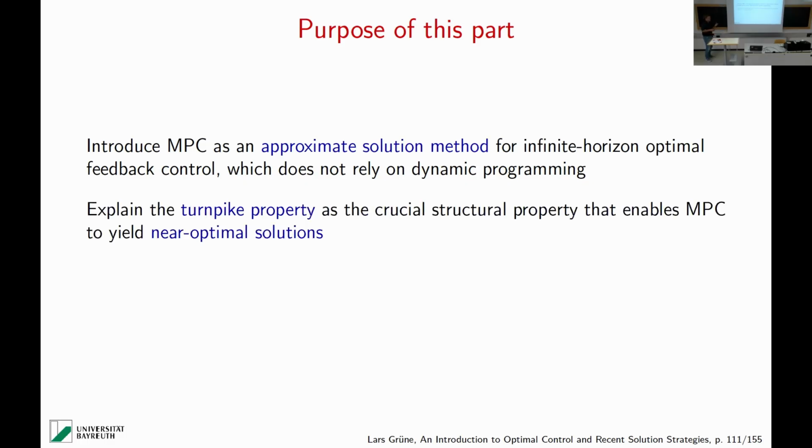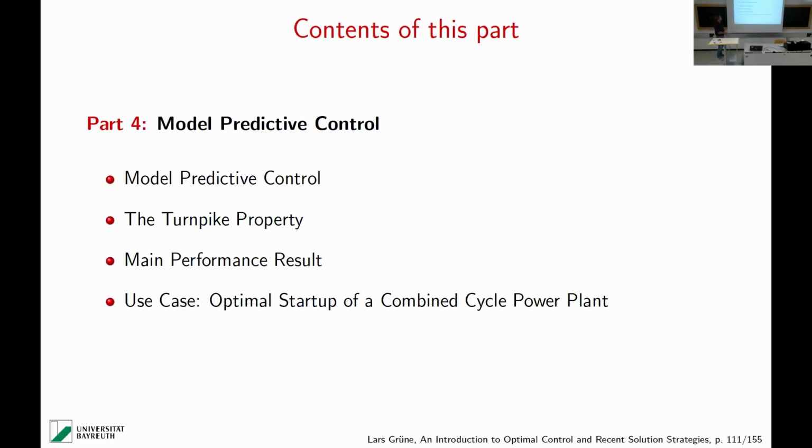I said that we need structural properties, and I would like to explain the so-called turnpike property. That's the crucial structural property that enables model predictive control to yield near optimal solutions. And in the end I will present a challenging industrial use case that I was involved in solving, where we really applied this to a true industrial problem, not academic, but something that runs in practice in several places in Europe.